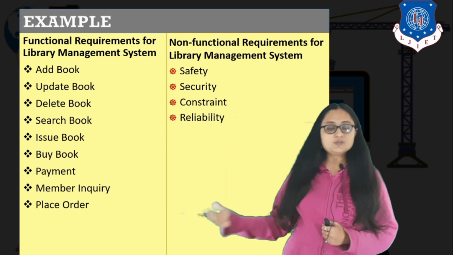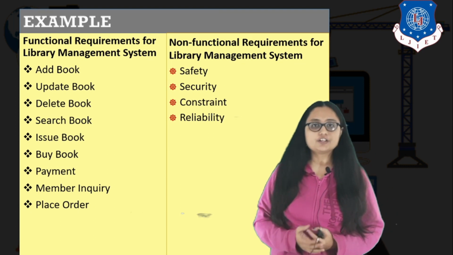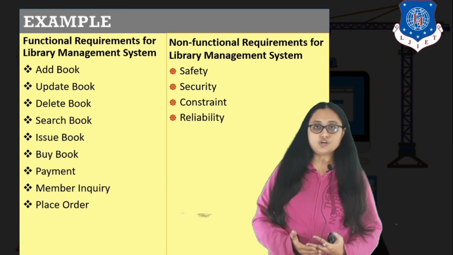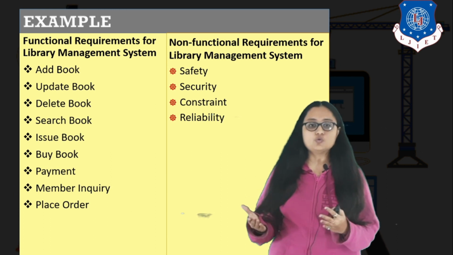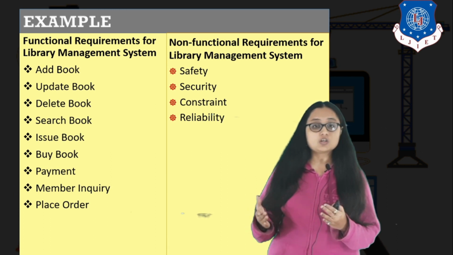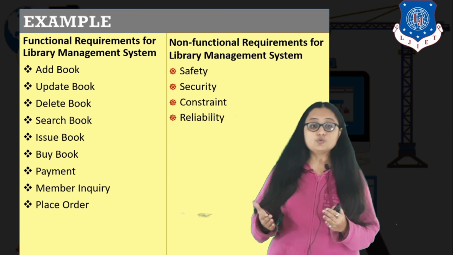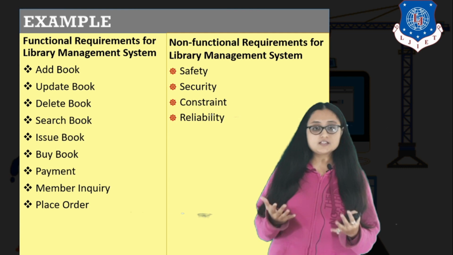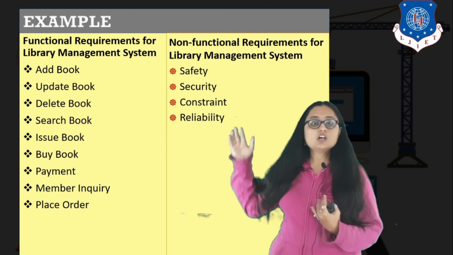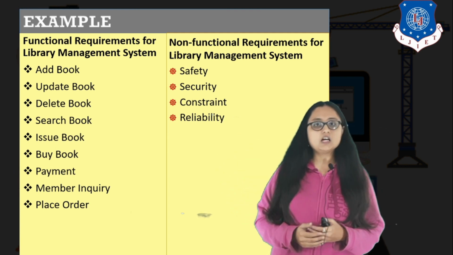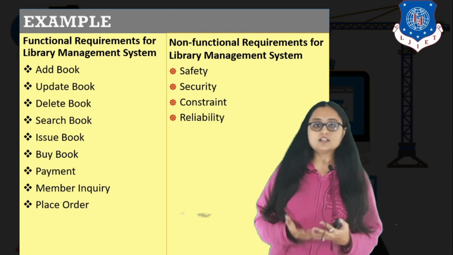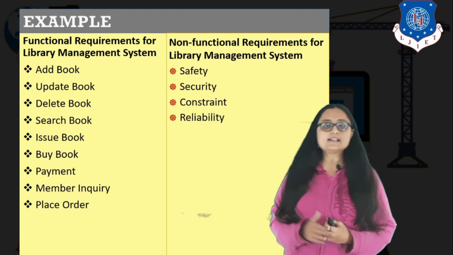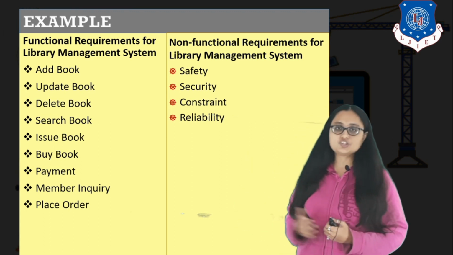The functional requirements are all the functionalities performed in the software, for example adding a book, updating, deleting, searching, issuing, buying a book, payment, member inquiry, late fees, placing an order, etc. The non-functional requirements are safety, security, and other constraints like reliability, etc.